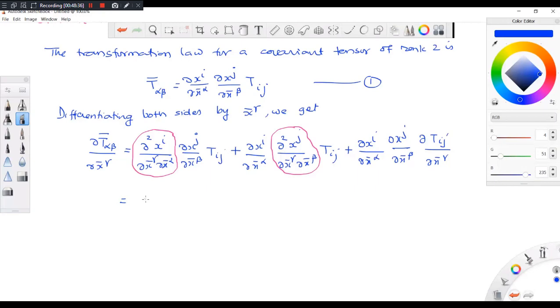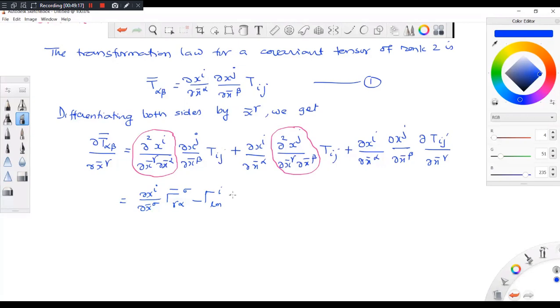So here I may write like this del x i divided by del x bar sigma, and you have gamma bar sigma gamma alpha minus gamma ILM. Okay, so you can use any of this. Only thing is that if dummy is there, you have to use the same notation. That's all.